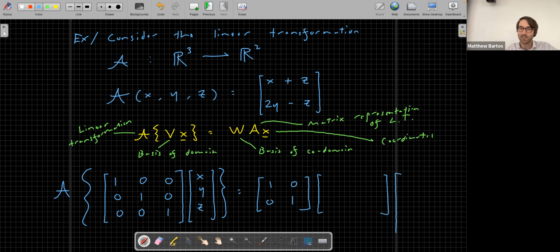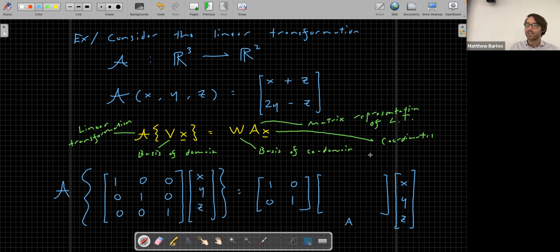And we have our coordinates x, y, z. And we have to have our matrix A defined such that when it's applied to x, y, z, we get this vector here.